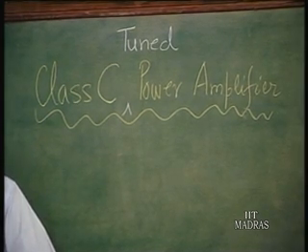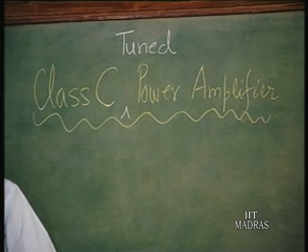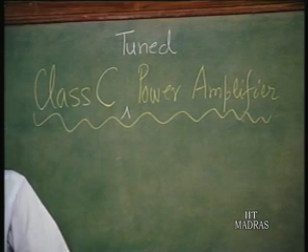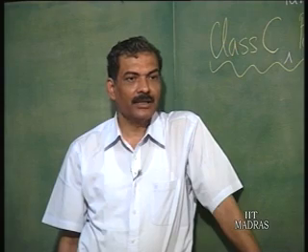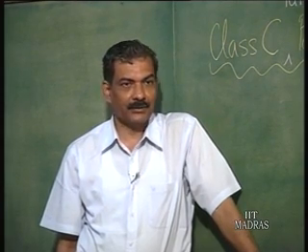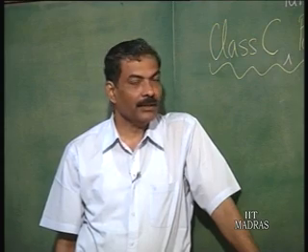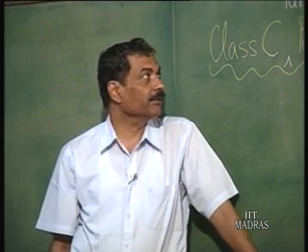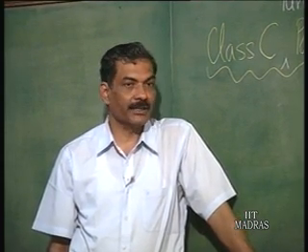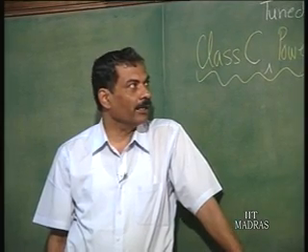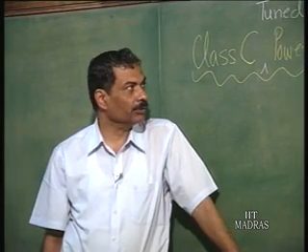So, now we will go to class C tuned power amplifier. Class A and B are essentially power amplifiers which can be used for wideband applications without any problem. Class C on the other hand is restricted to only tuned power amplification. We will see why such a restriction has been put.